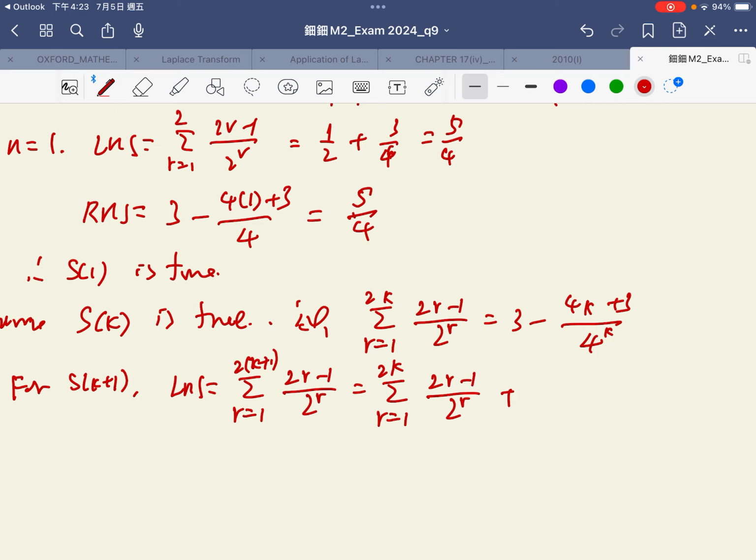The next term is r equal to 2k plus 1, where the numerator is 4k plus 1, over 2 to the power 2k plus 1. And when r equals 2k plus 2, the numerator is 4k plus 3.